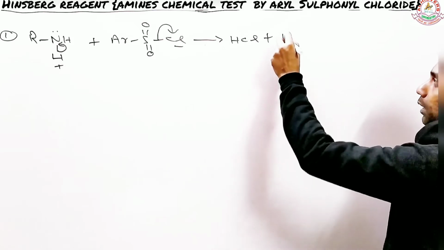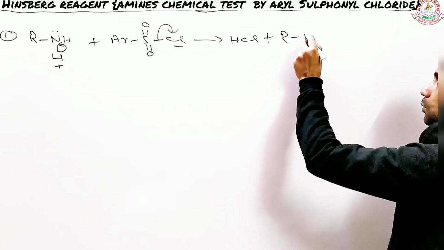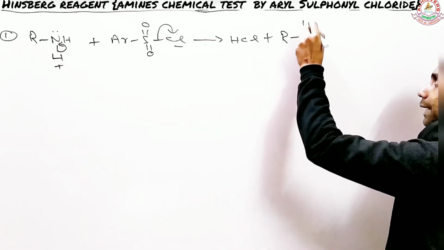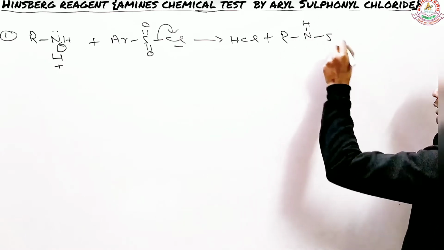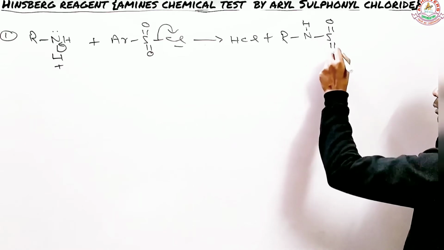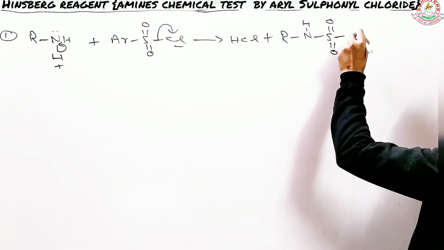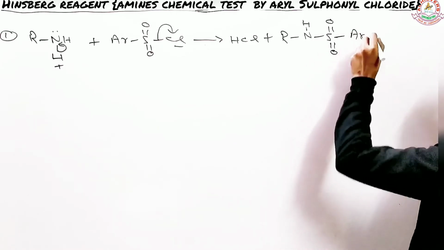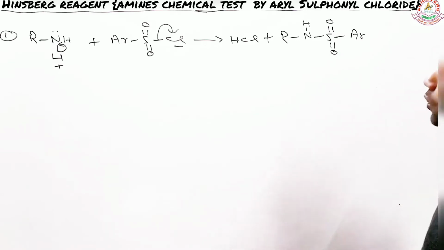So you have R, you have N with an H, and with that you have sulfur, along with that a double bond O, another double bond O, and finally the aryl group. So this is the reaction with the 1 degree amine.